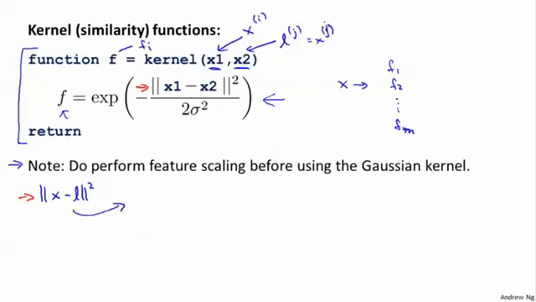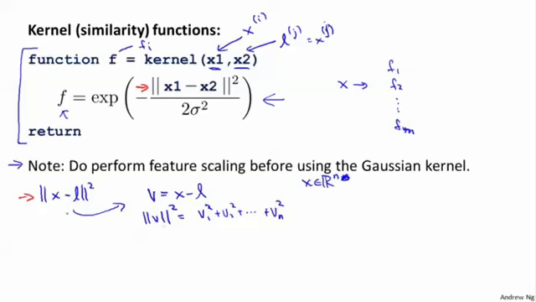What this is doing, the norm between x and L, that's really saying, let's compute a vector v, which is equal to x minus L, and then let's compute the norm of this vector v, which is the difference between x and L. And so the norm squared of v is really equal to v1 squared plus v2 squared plus dot dot dot plus vn squared, because here x is in Rn or Rn plus 1, but I'm going to ignore x0. So let's pretend x is in Rn and put a square on the left side as well to make this correct.